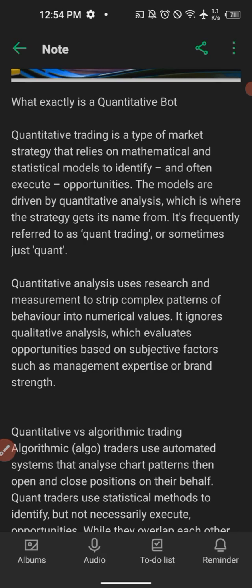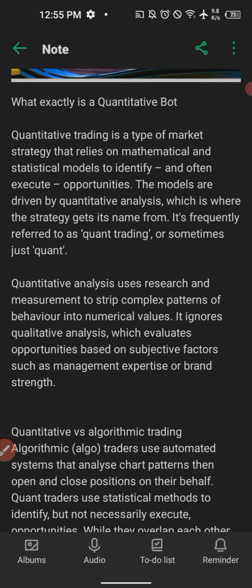Now, permit me to read. Quantitative trading is a type of market strategy that relies on a mathematical and statistical model to identify and often execute opportunities. The models are driven by quantitative analysis, which is where the strategy gets its name from. Now, quantitative analysis uses research and measurement to strip complex patterns of behavior into numerical values.